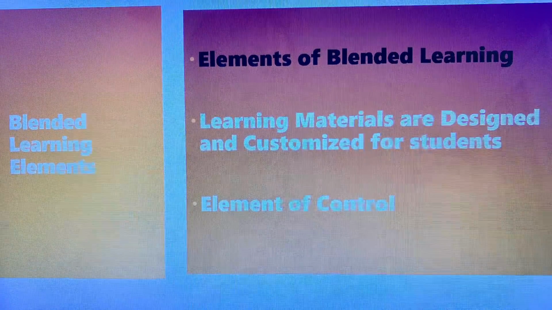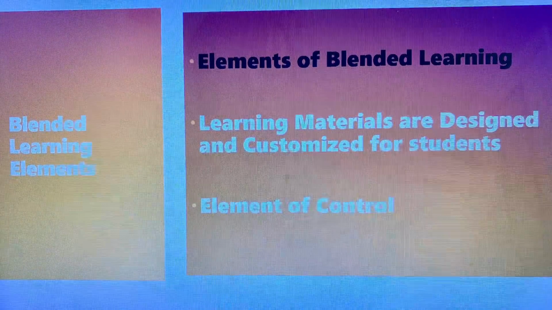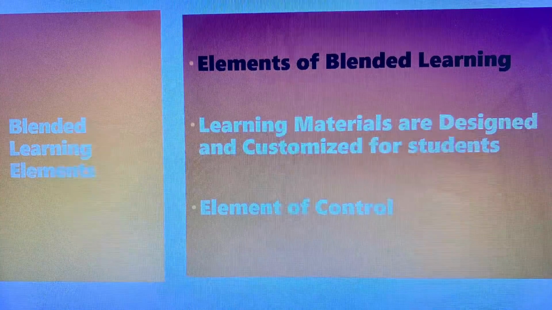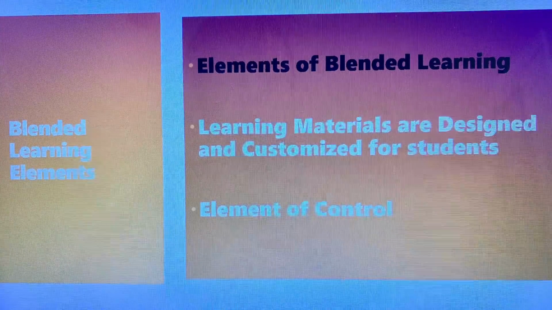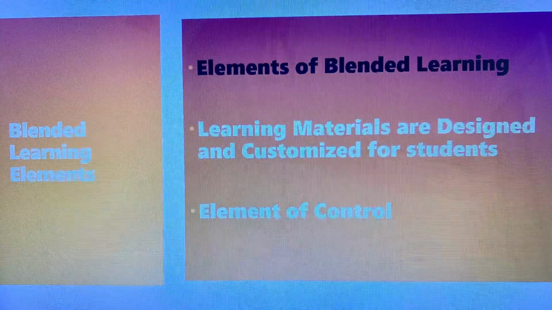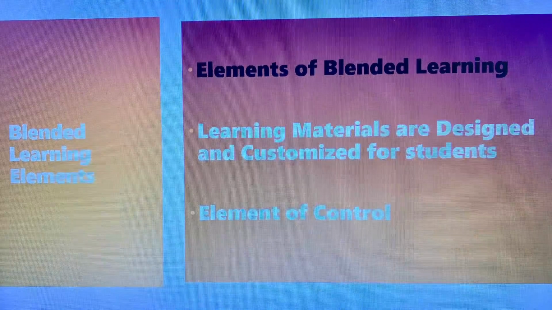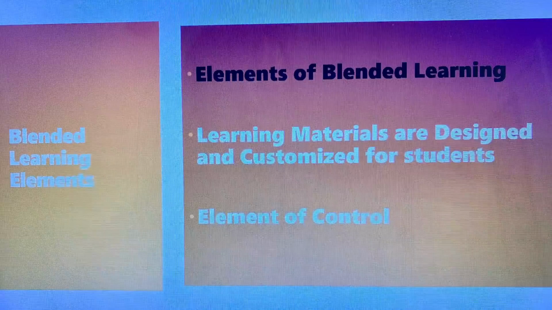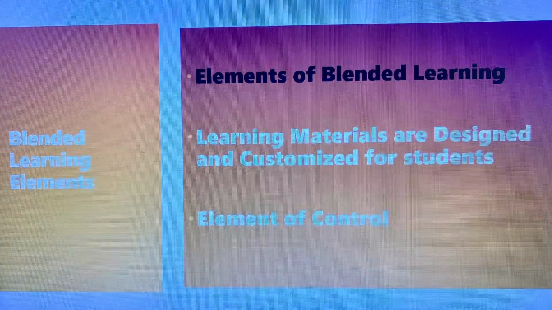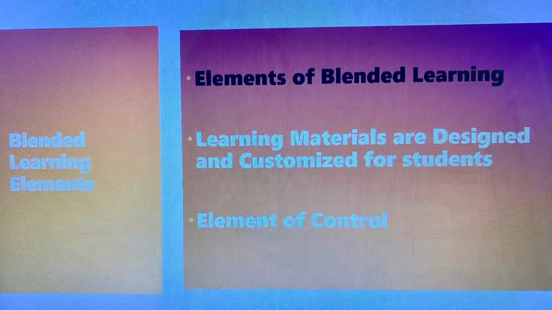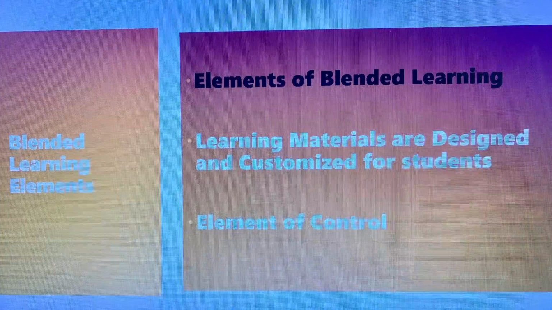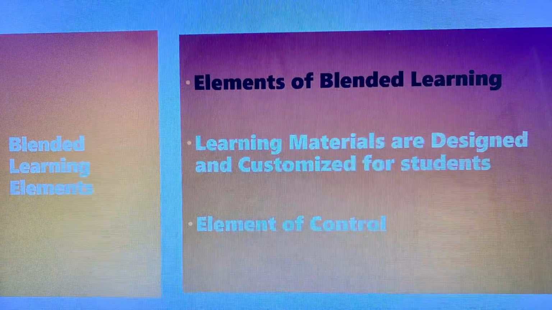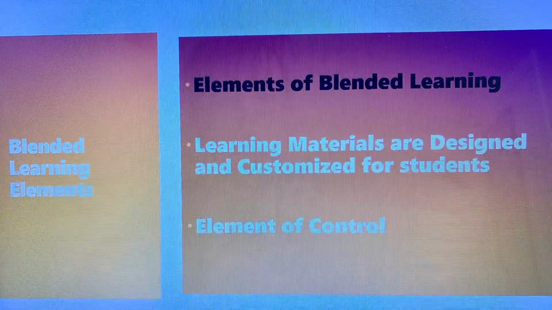The final element of blended learning is the element of control over student time, place, and pace of learning. By this method, teachers can ensure the objectives of this approach are met. That is, effective assessments are accurate and learning is successful.